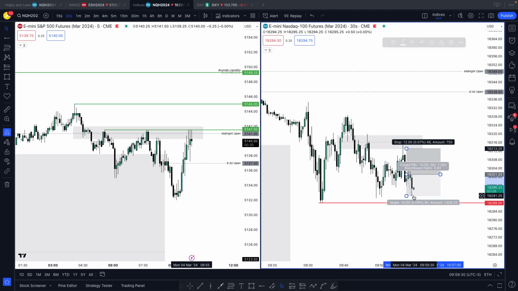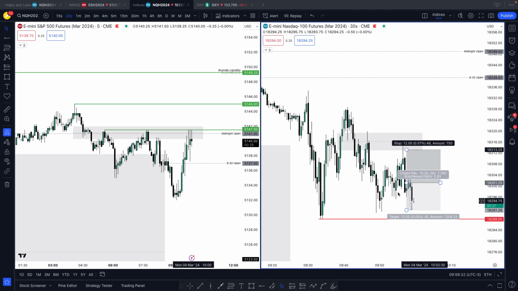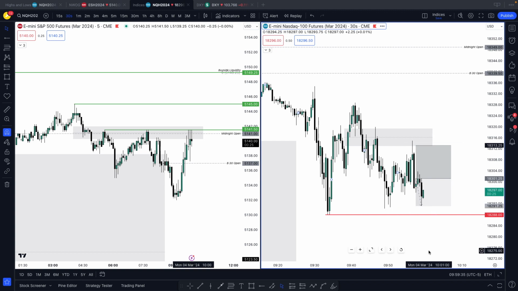So that would give you your 10 handles on NASDAQ right there. That's your 30-second model, a bearish example of it.